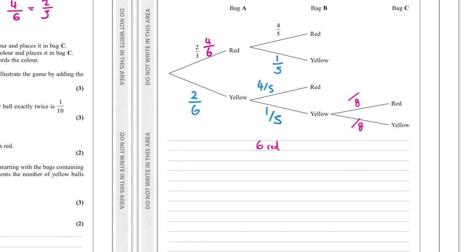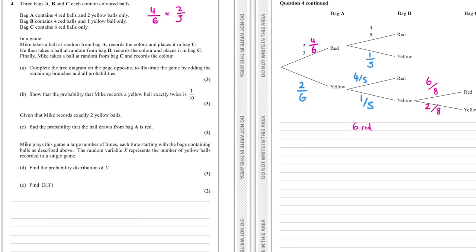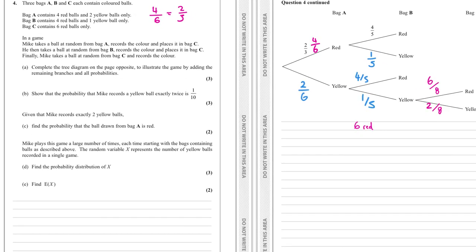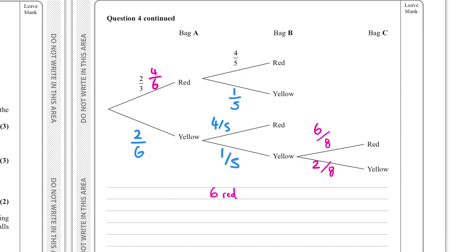Now, if we take a yellow from A and a yellow from B, we're going to put these in bag C. There's 2 yellows and there's 6 red. Now, all it's asked us to do is add the remaining branches and all probabilities. So we actually need to add all the remaining branches. Okay, so we've got another branch here, another branch here, another branch here.